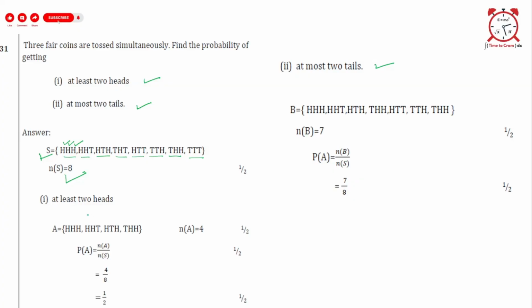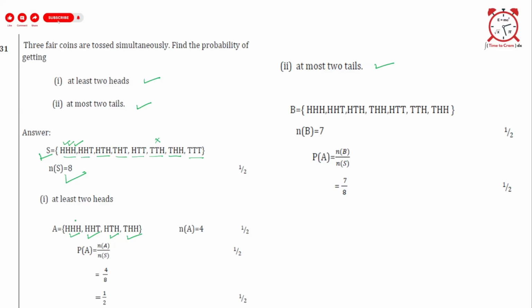Now the first answer, at least 2 heads. At least 2 heads means 2 heads should come. So here 3, it's okay. Here 2, okay. Here 2, okay. Here 2, okay. TTH is not eligible because it has only 1 head.